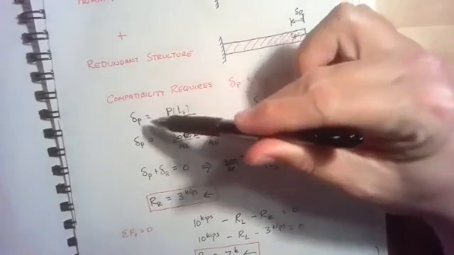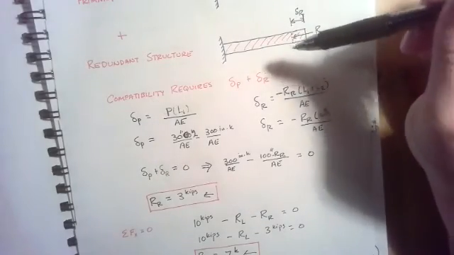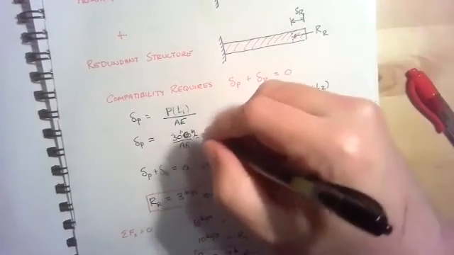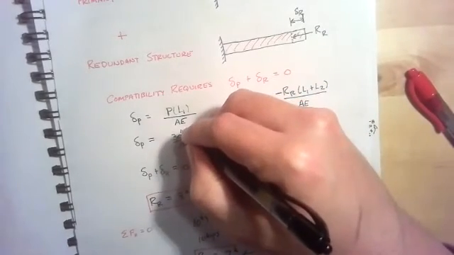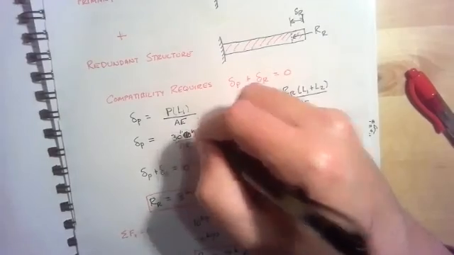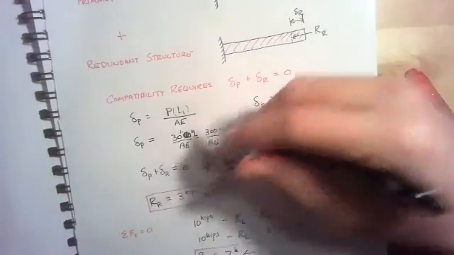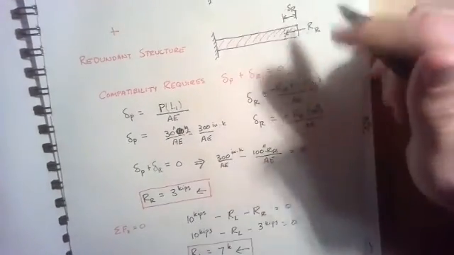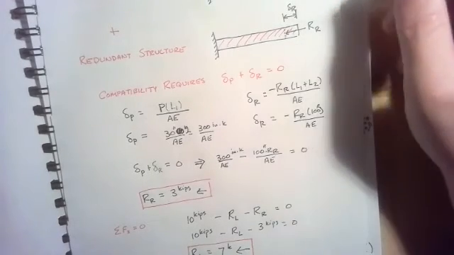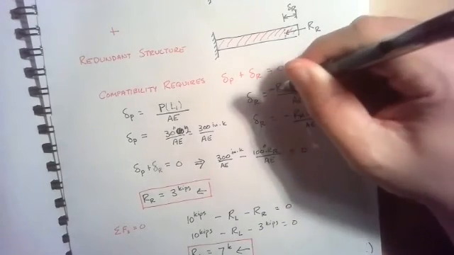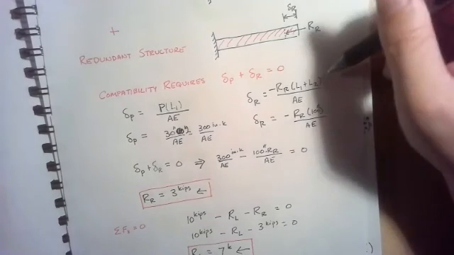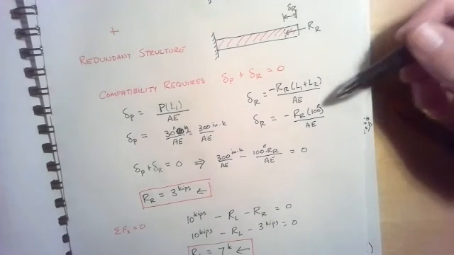So if I was interested in calculating delta P, what I would have is P times L1 over AE. That would be 30 inches times 10 kips over AE in magnitude, or 300 inch kips over AE. Delta R would be equal to negative, because it's going to the left, RR times L1 plus L2 over AE.